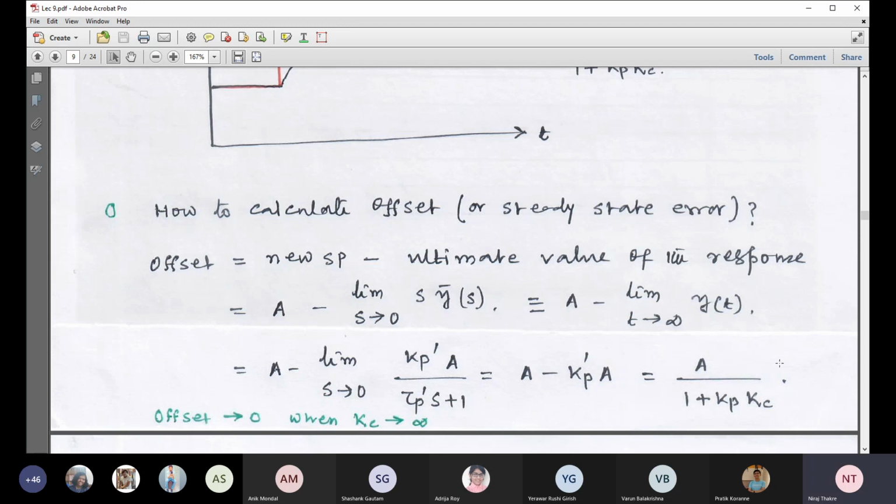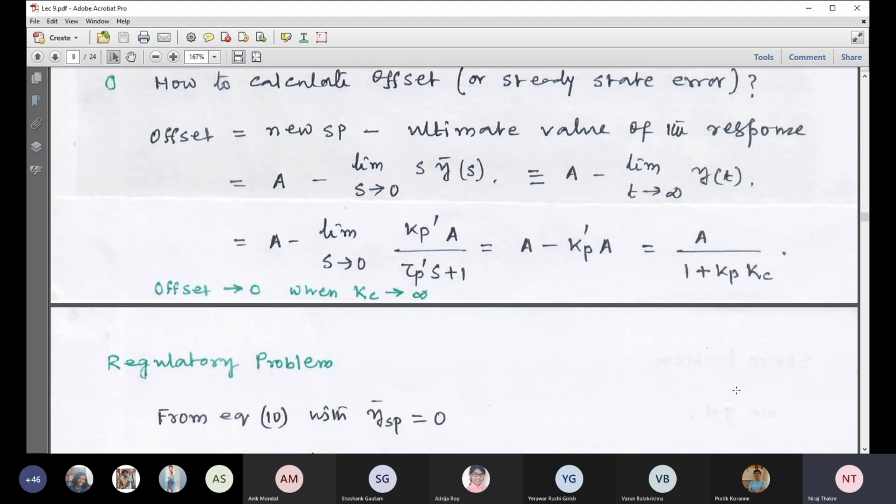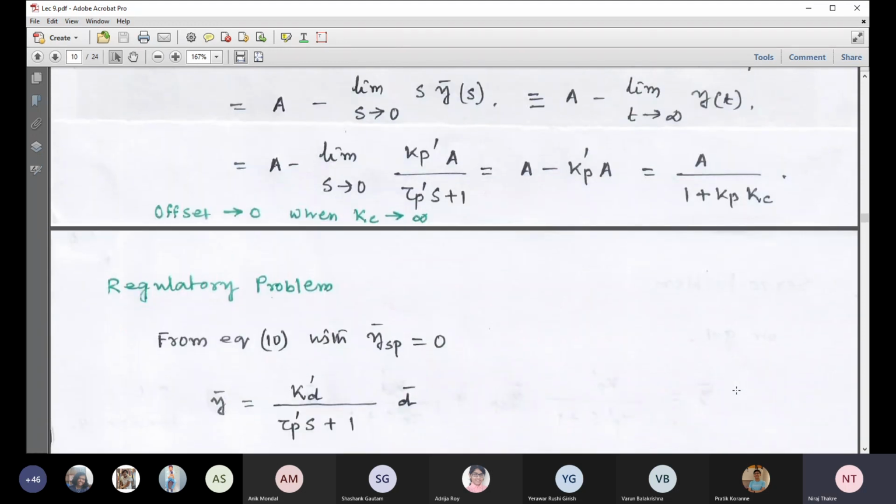In the similar fashion, there we will consider a step change in D. So this is basically the offset calculation in case of servo problem. Next, we will consider in a similar fashion how to find the dynamic response for regulatory problem and what is the offset. Let us start with equation 10 with YSP equal to 0.